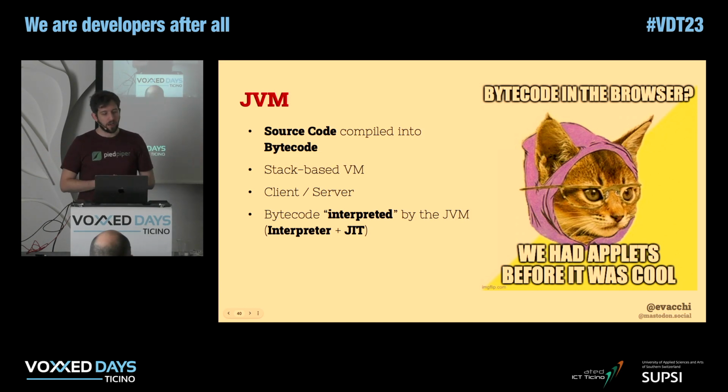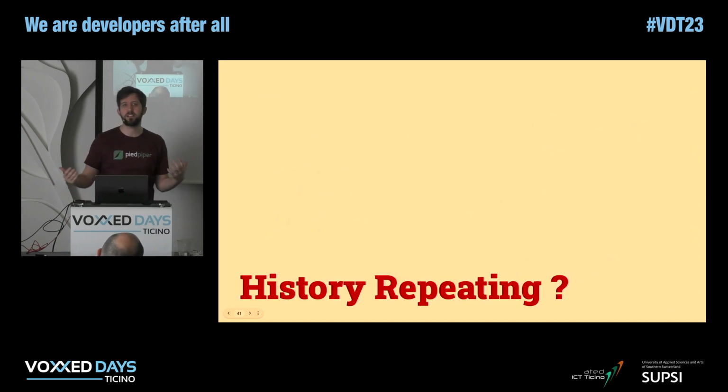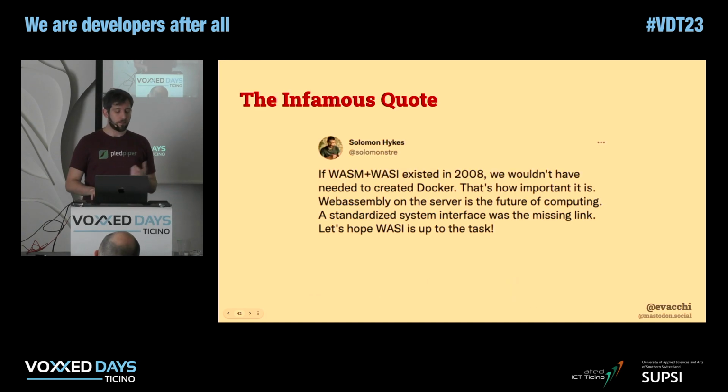Same thing. It's stack-based, just like WebAssembly. You can run it on the client. You can run it on the server. Same thing. The bytecode is interpreted and compiled into fast, efficient native code. So what's the difference? Well, on the surface, you may wonder, is history repeating? And on the surface, you may be right, but there's a but.